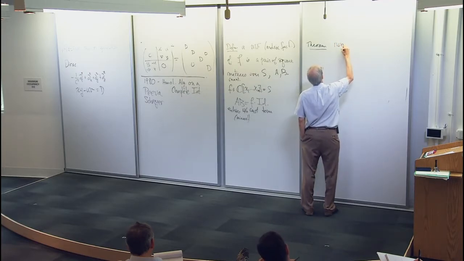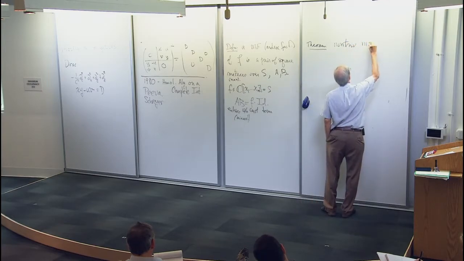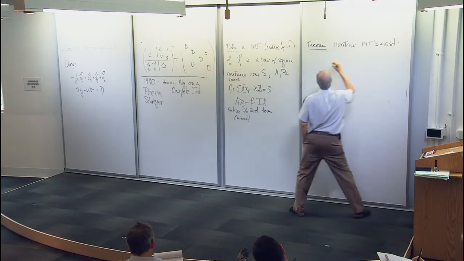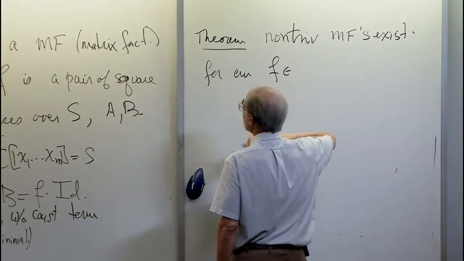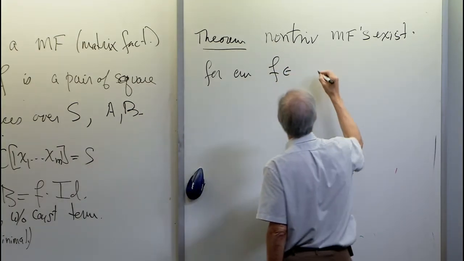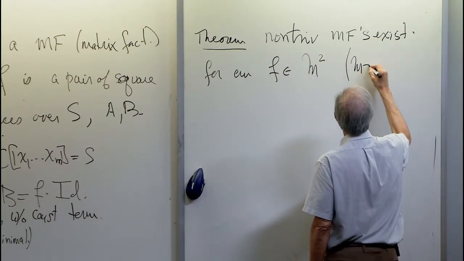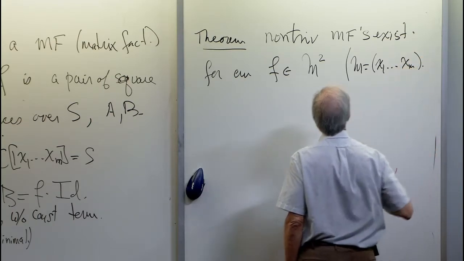Non-trivial MFs exist for any F in the maximal ideal squared. Let's name that M squared. Here capital M is x1 up to x little m.